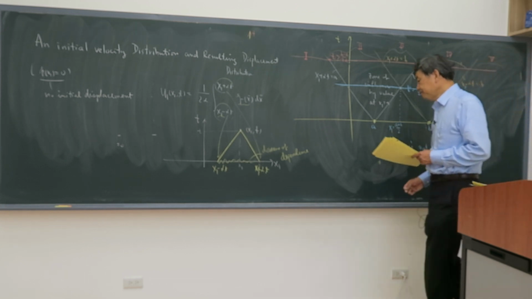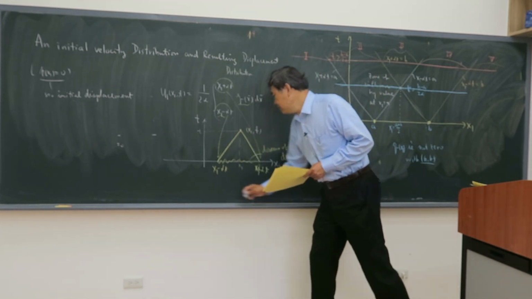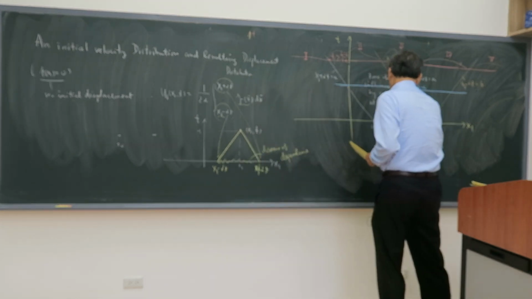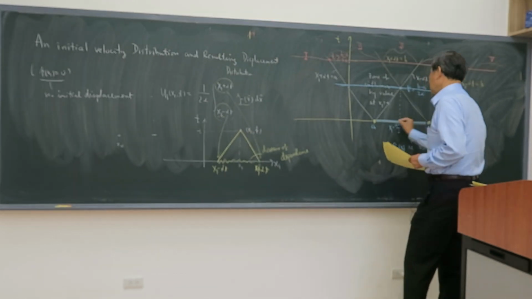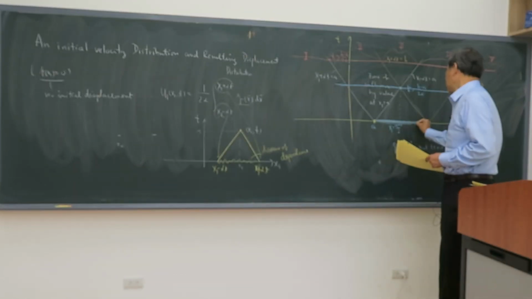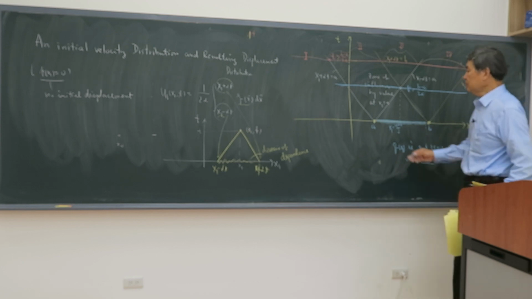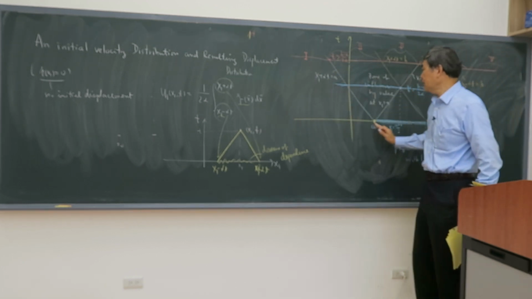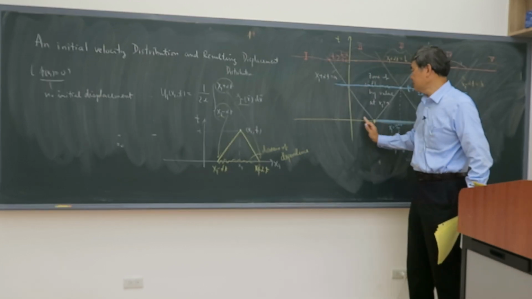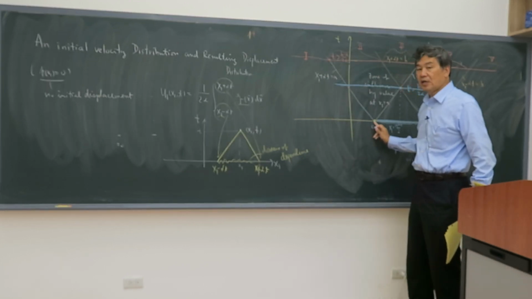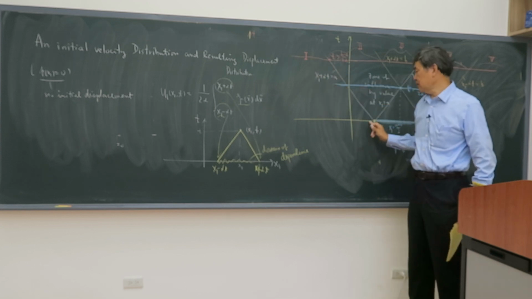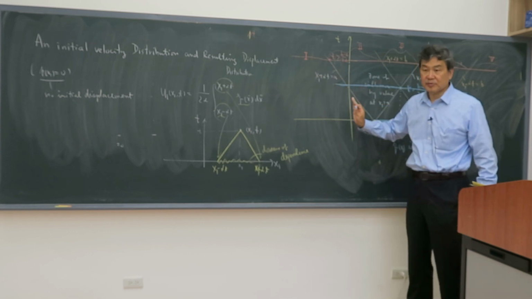And remember, in this problem, I have only non-zero value here. So here in zone 1, the initial value depends on here, all are 0, so no displacement.